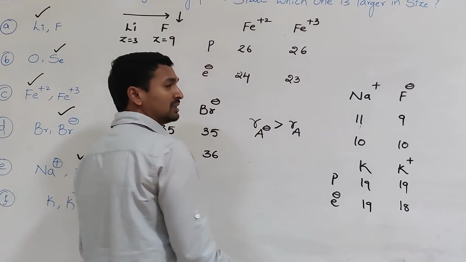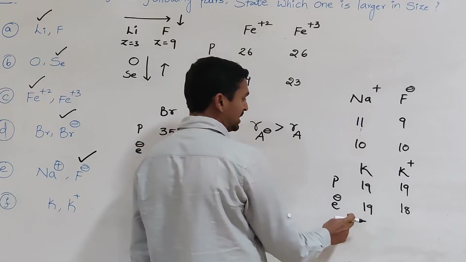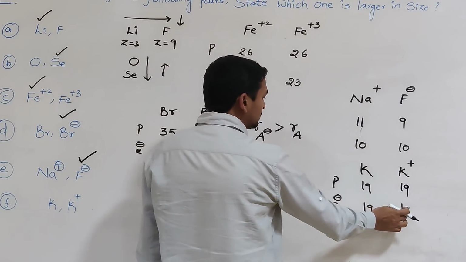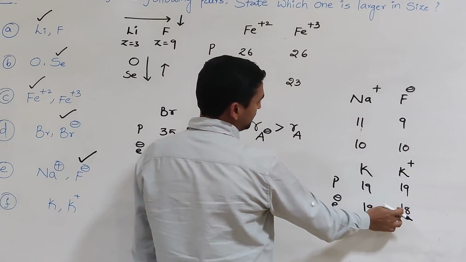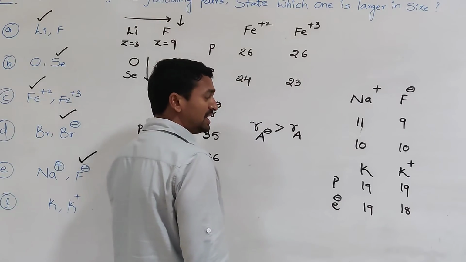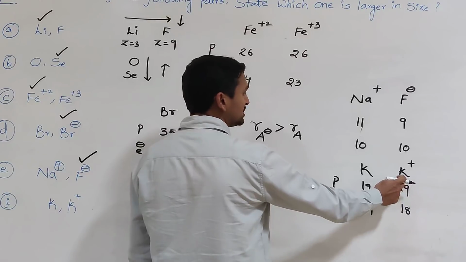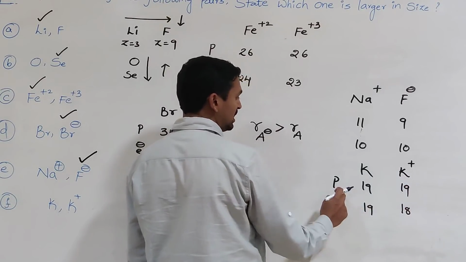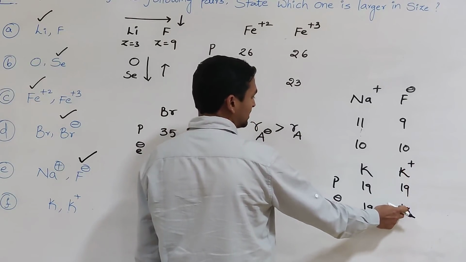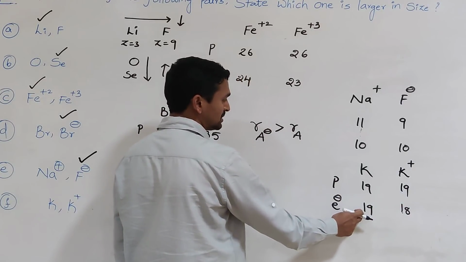So whenever the number of protons is the same but the number of electrons is different, wherever the number of electrons is less, the effective nuclear charge per electron increases. When the effective nuclear charge increases, the size should be smaller. So among potassium and potassium plus ion, here the number of electrons is less, so more effective nuclear charge, here less effective nuclear charge.